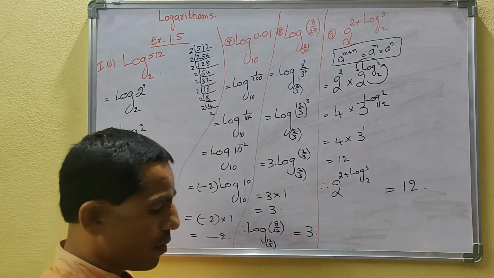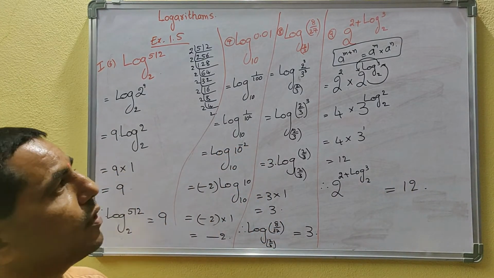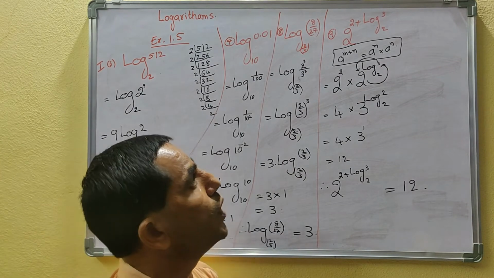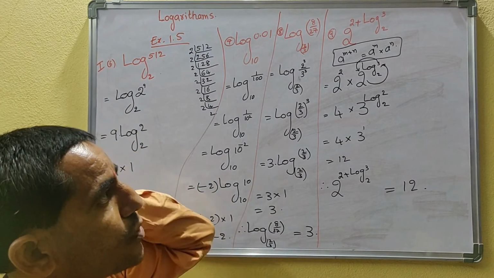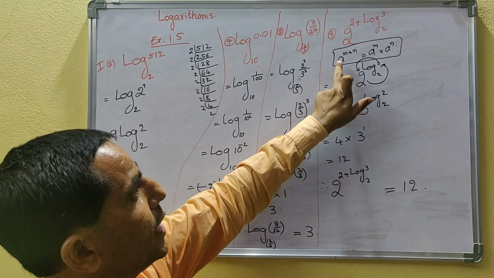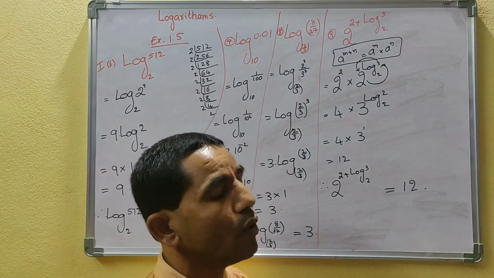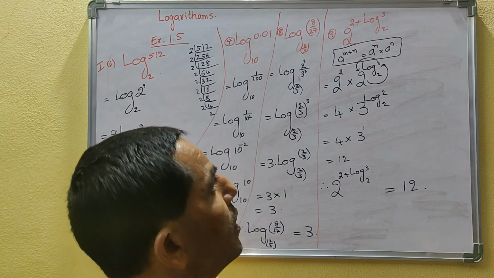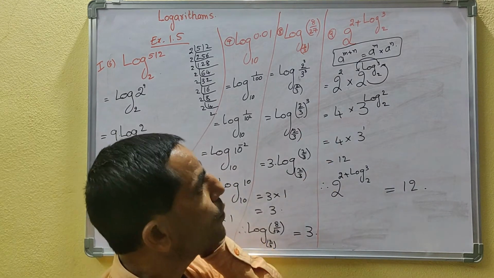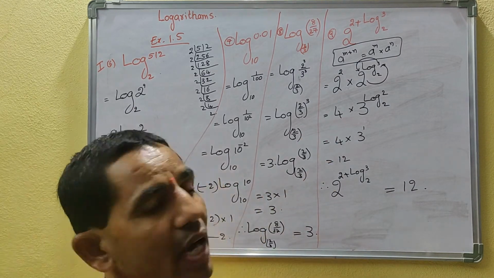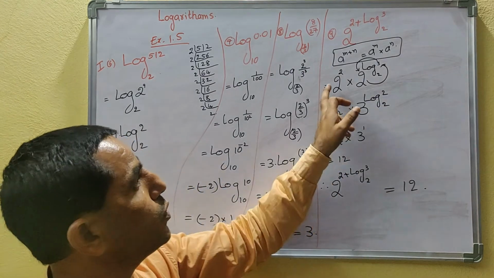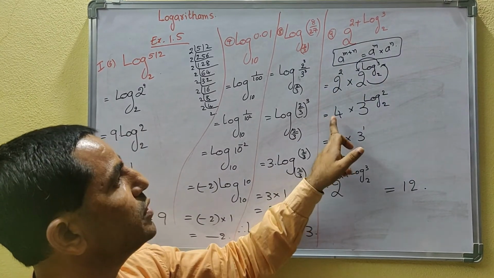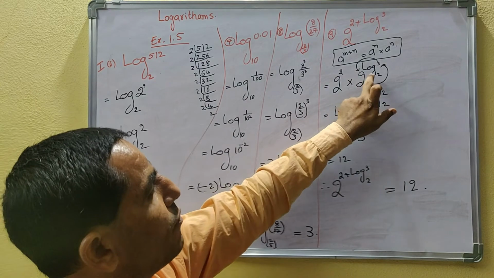It is a different problem. Once again I will repeat 2 to the power of 2 plus log 3 base 2. So we have one formula, a to the power of m plus n is equal to a to the power of m into a to the power of n. So here 2 to the power of 2 into 2 to the power of log 3 base 2. So 2 to the power of 2 means 2 into 2 means 4 into, here one formula is there.